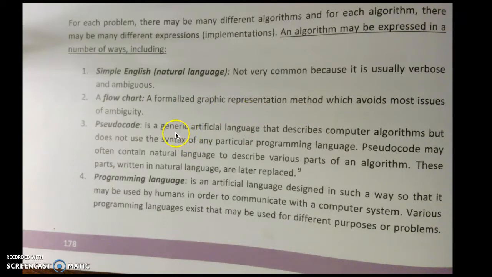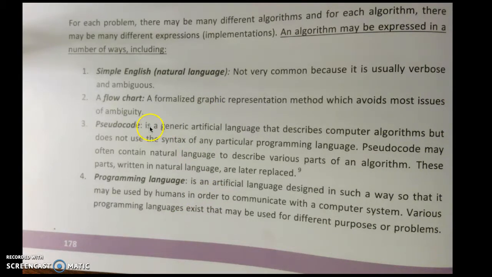Pseudocode is a generic artificial language that is designed to be read by humans rather than a computer. And then finally, a programming language, a specific language like Java. So these are four ways that we could express an algorithm.